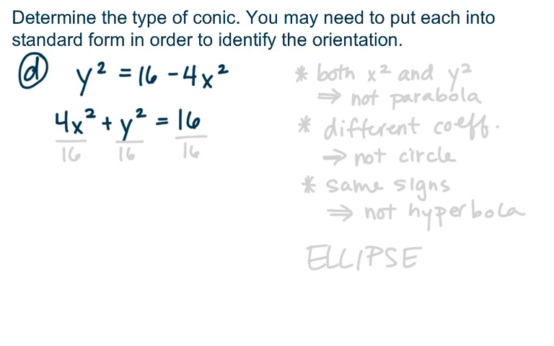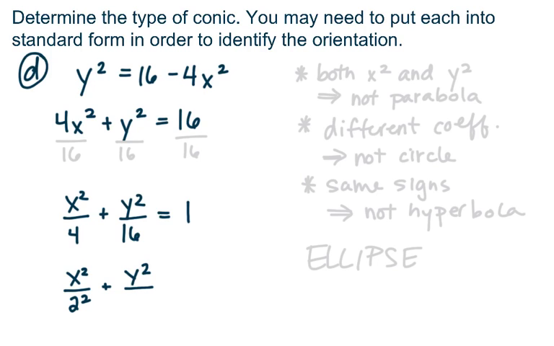So this gives me x squared over 4 plus y squared over 16 equals 1. Or taking that standard form one step further, 2 squared in that denominator and 4 squared.